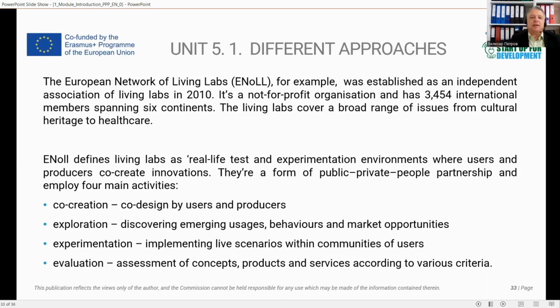They are both public-private-people partnerships and employ 4 main activities: co-creation, co-design by users and producers; exploration, discovering emerging usage behaviors and market opportunities; experimentation, implementing live scenarios within communities of users; evaluation, assessment of concepts, products and services according to various criteria.